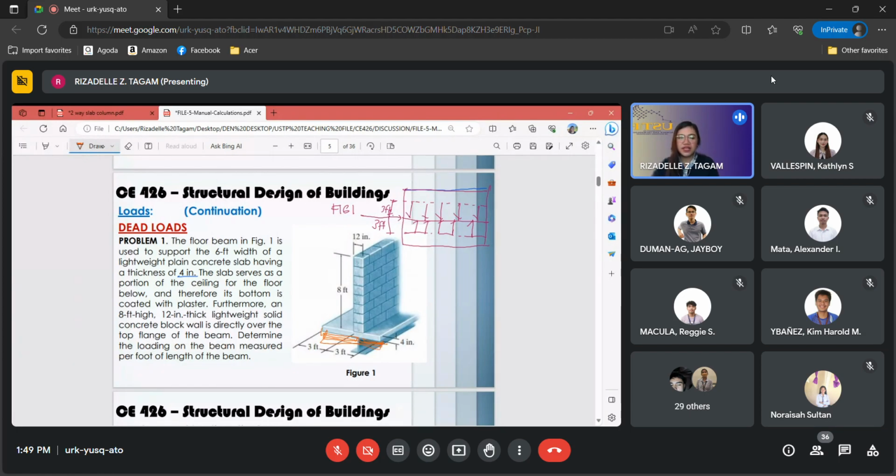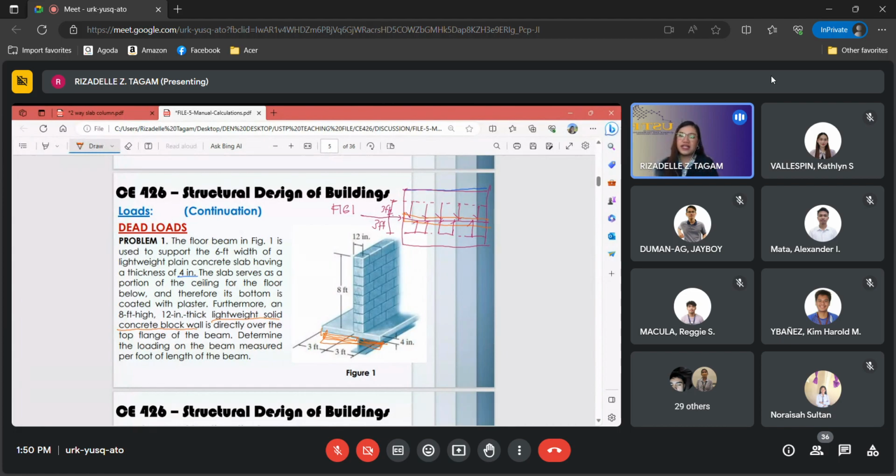Furthermore, an 8 feet high, 12 inches thick, lightweight solid concrete block wall is directly over the top flange of the beam. Determine the loading of the beam measured per foot of length of the beam.